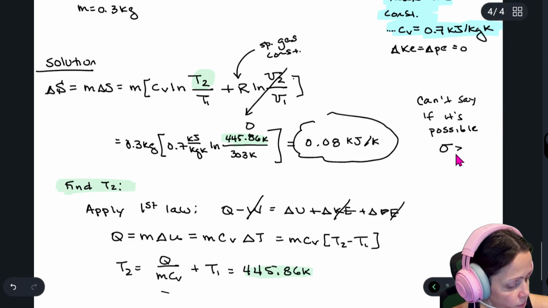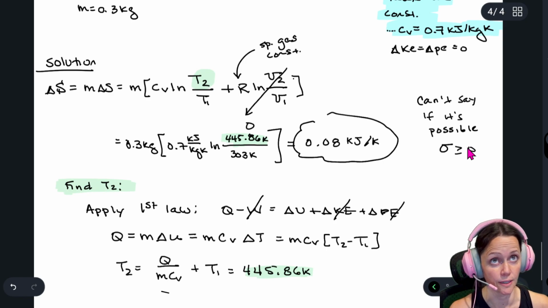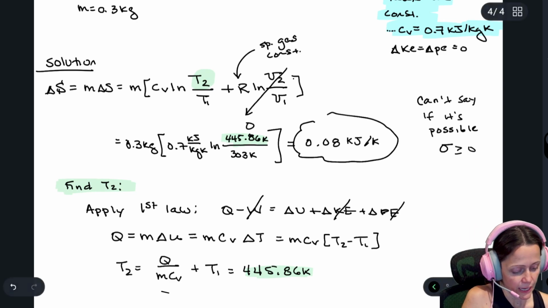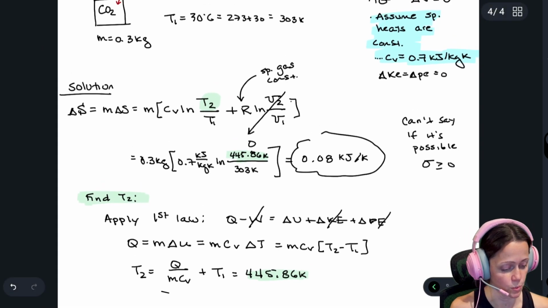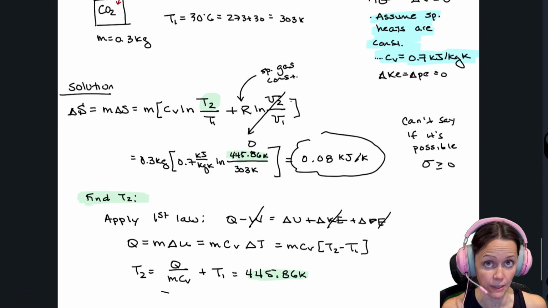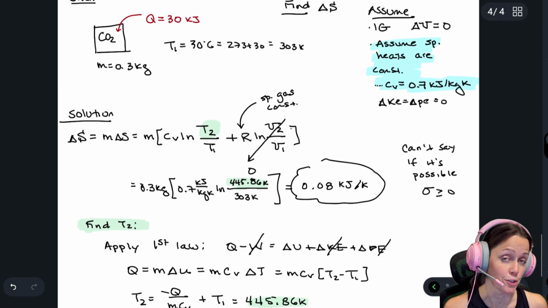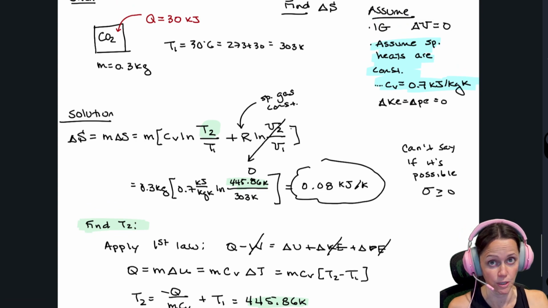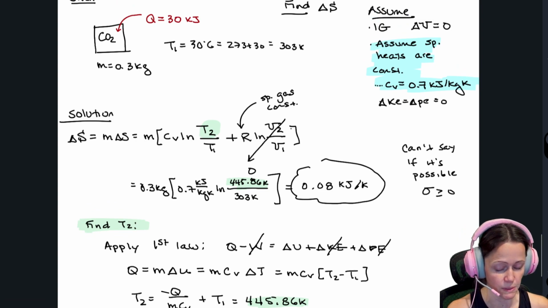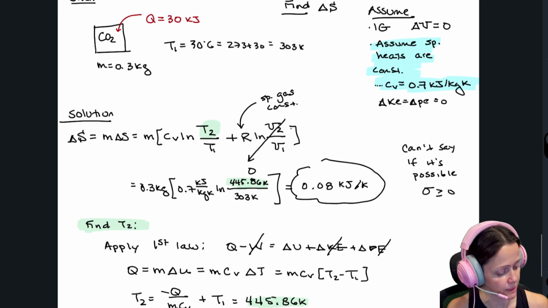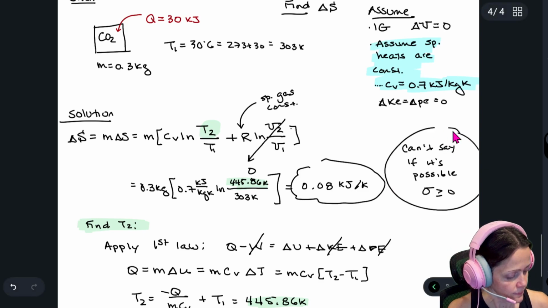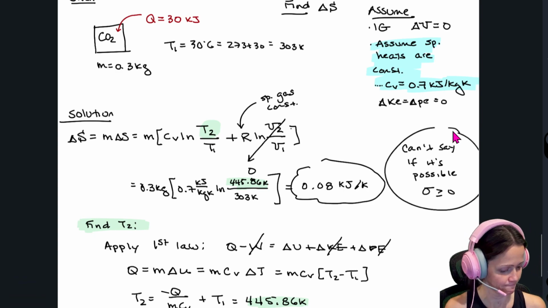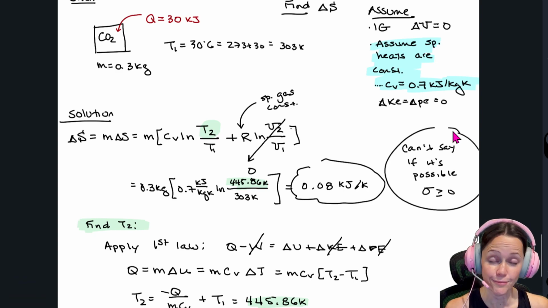Sigma would have to be greater than or equal to 0 for that process to be possible. We don't have that, because we would need to apply an entropy balance. And if you think about the terms in that entropy balance, you would need the temperature at the boundary at which heat transfer takes place. We don't have that information, but other than that, I think we're good.